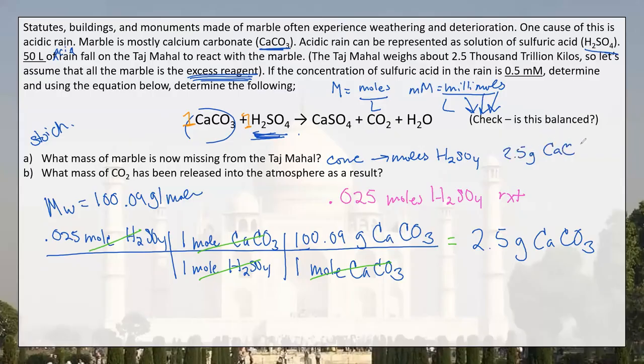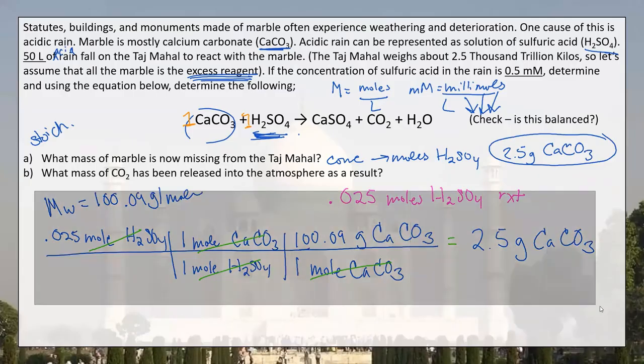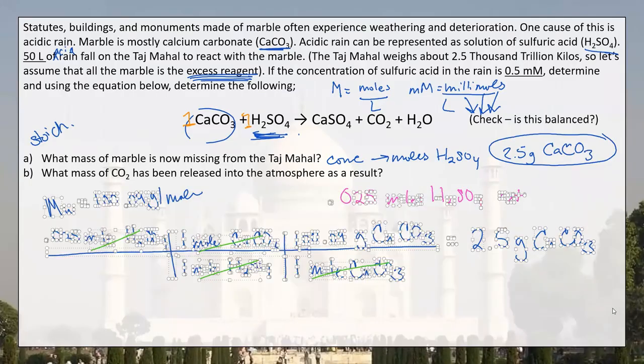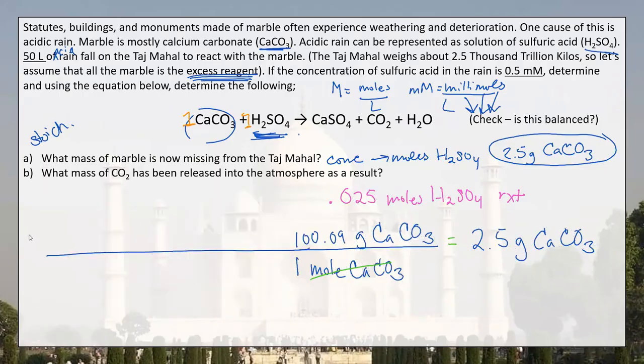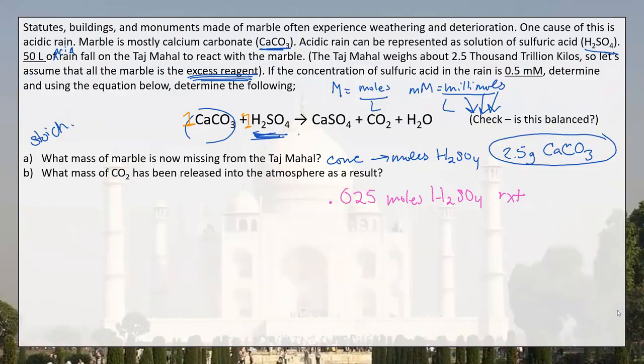And then I'm going to just write this down on top so we can have space to look at the second question. So the second question asks something similar. What mass of CO2 has been released into the atmosphere as a result?